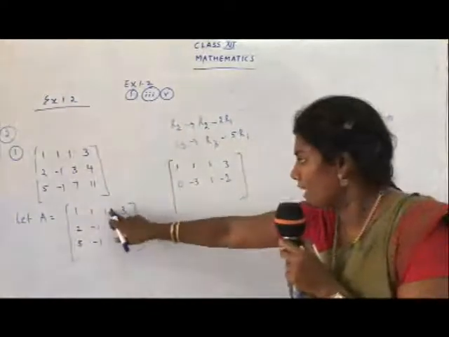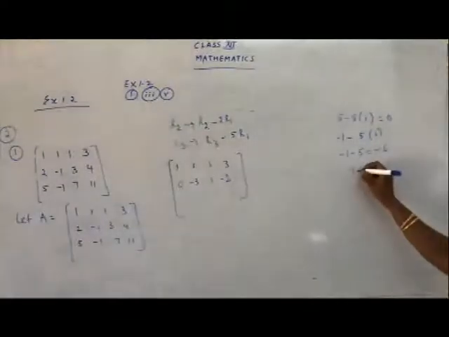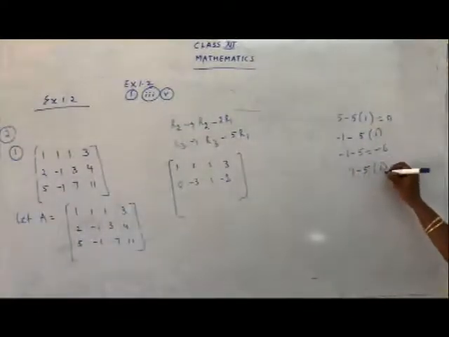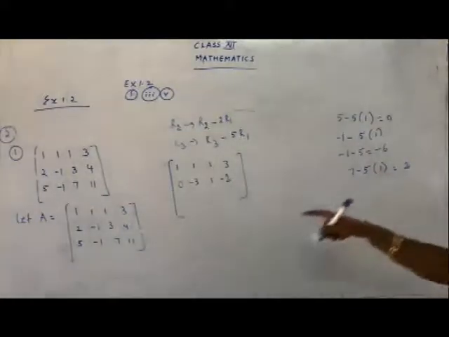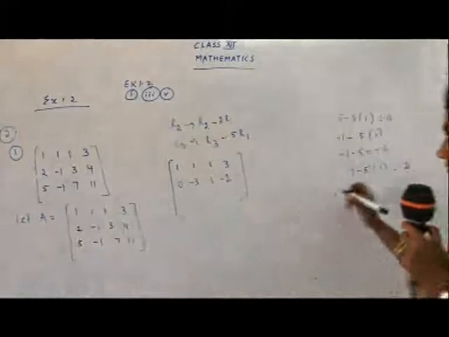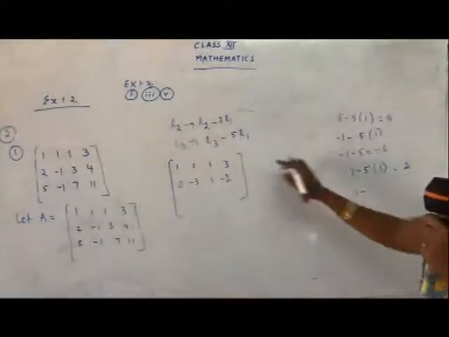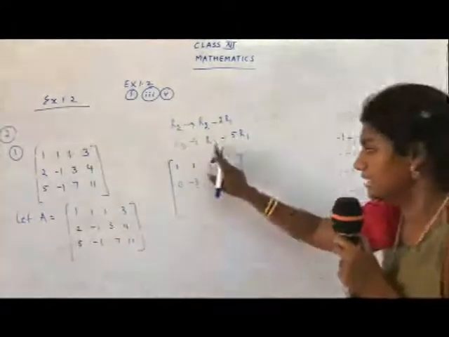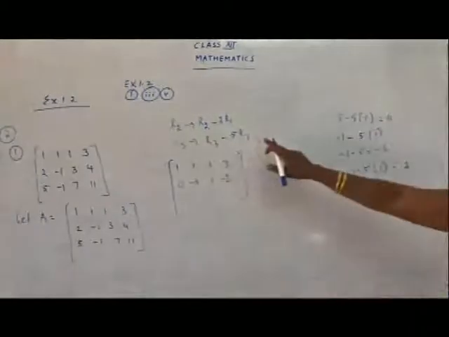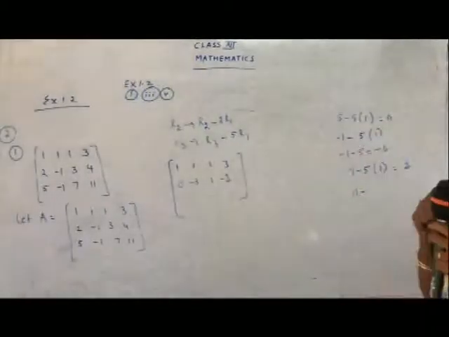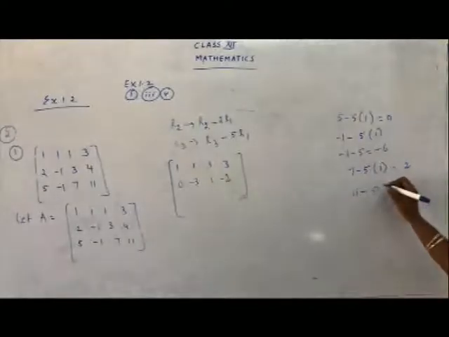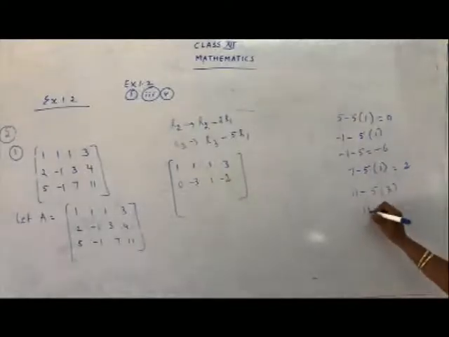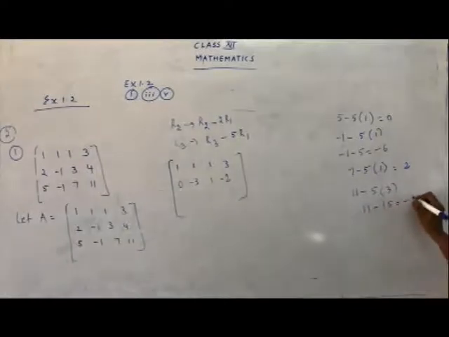Then 7 minus 5 times 1, that is 2. Then 11 minus 5 times R1, which is 3. So 11 minus 15 is equal to minus 4.